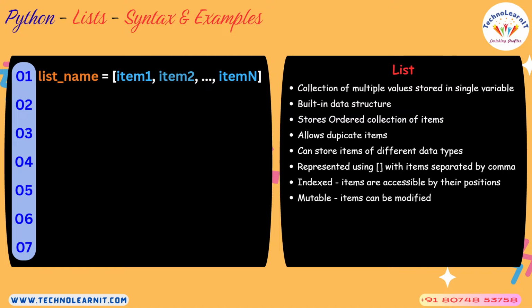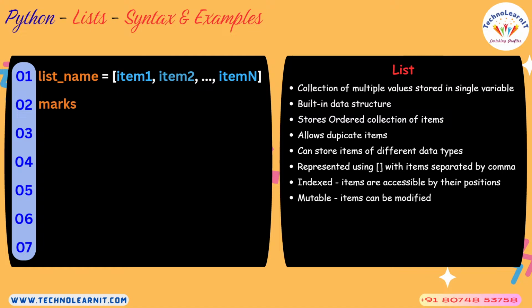Every list will have some name. Here the name of the list is list_name, and whatever items you want to store within that list are separated by commas and enclosed within square brackets.